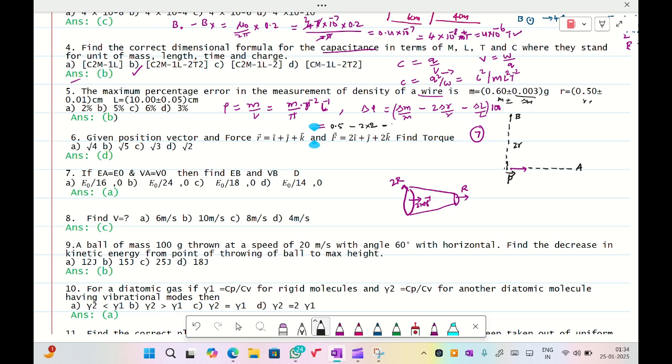So this is 0.5. Here m into r power minus 2, l power minus 1. So 4% is coming, but 4% is not given.